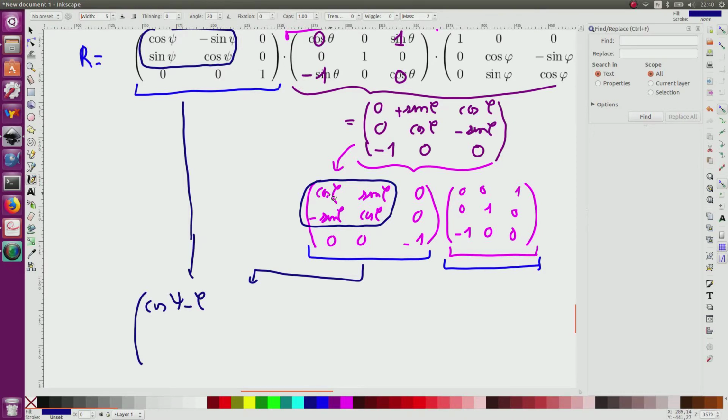Why? Because I replaced here minus, minus minus, plus minus and minus. So I get exactly the same cos and sine at the same place with the same sign.